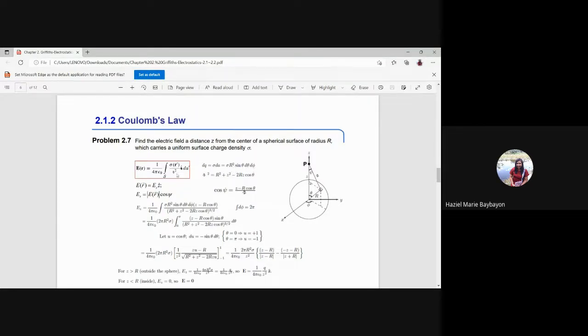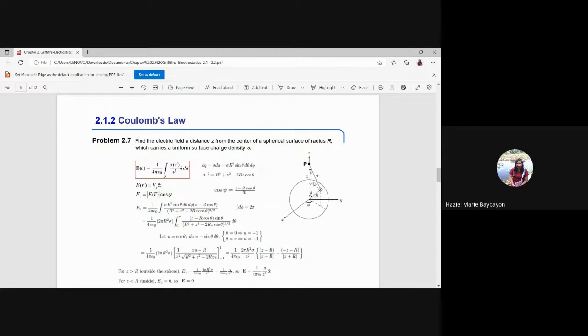And then our r squared here, class, is the magnitude of the separation vector squared. And we can get this by, here you have your r, and then you have your theta here.